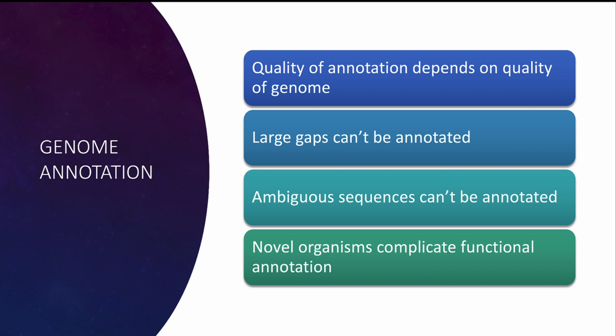But even within E. coli, there's a relatively high percentage, I want to say something like 20% of the genes in E. coli, we don't actually know what they do. So if we can't even figure out everything that E. coli does, it's going to be a challenge, especially when we're talking about eukaryotic organisms.